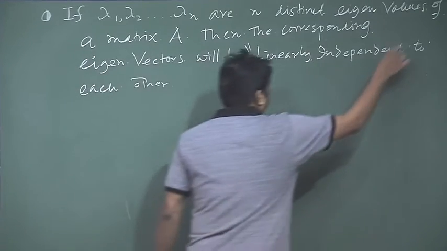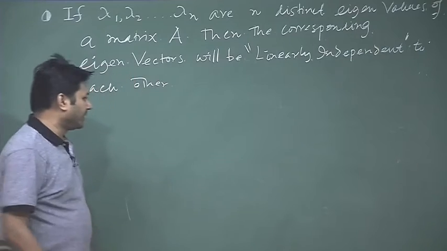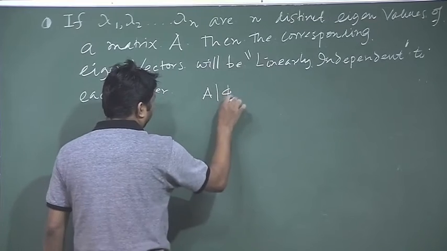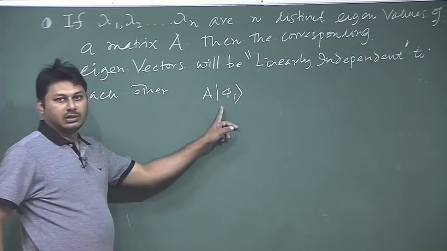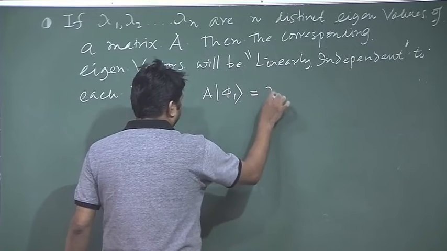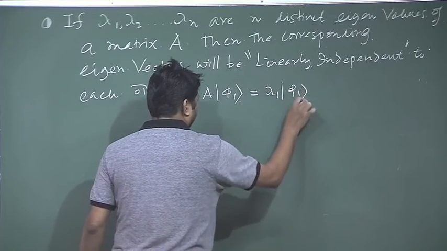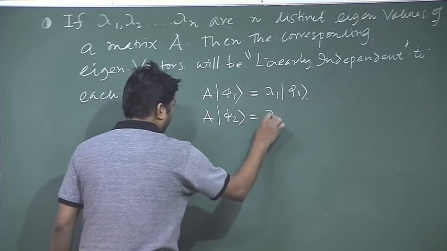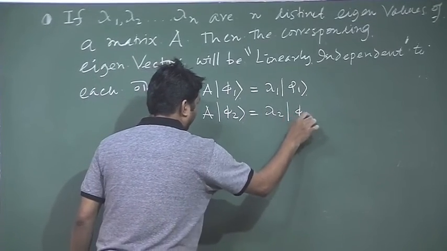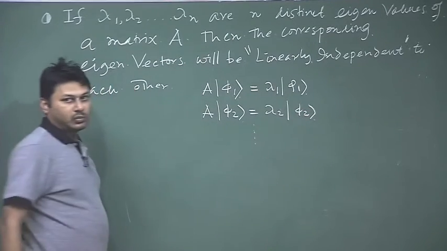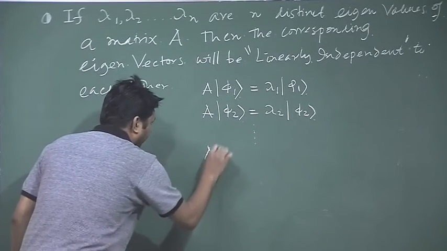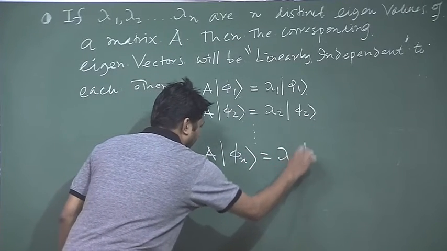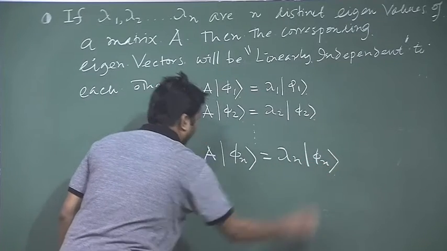A very important statement. The statement suggests that, for example, I have A phi 1 equals lambda 1 phi 1, A phi 2 equals lambda 2 phi 2, and so on, A phi n equals lambda n phi n.